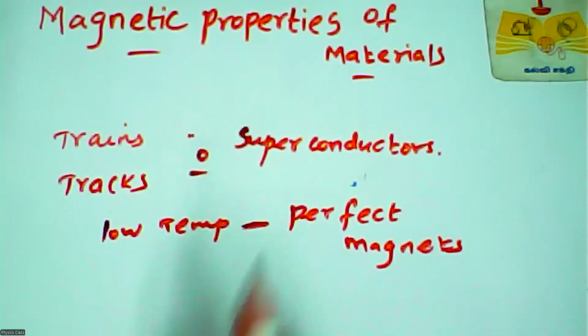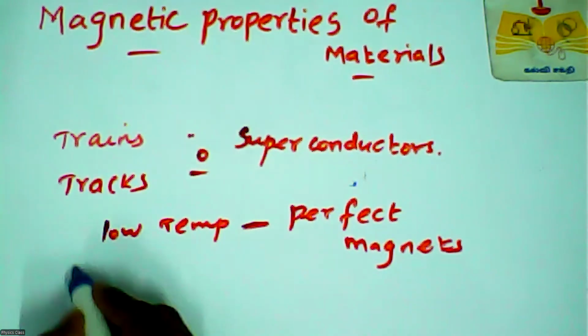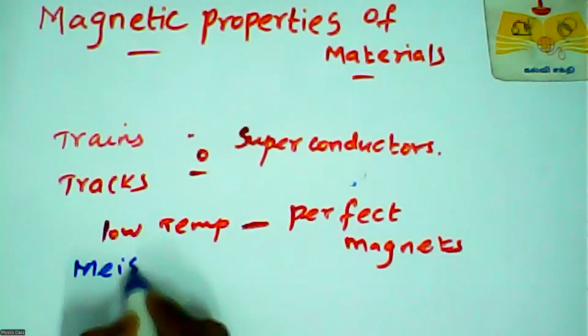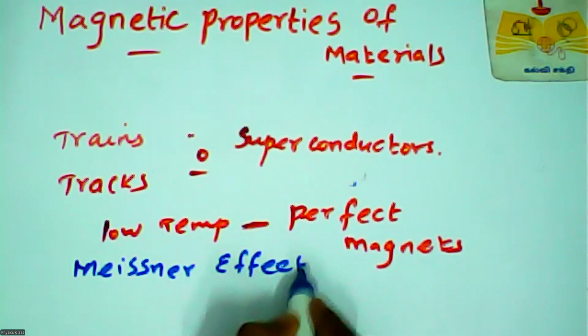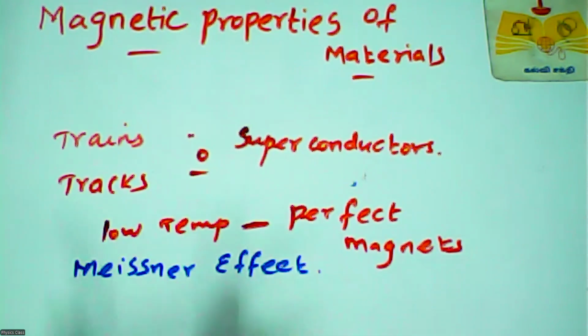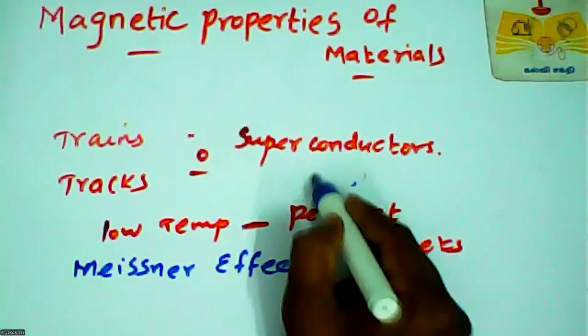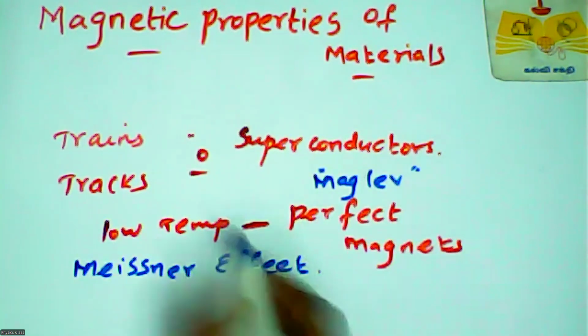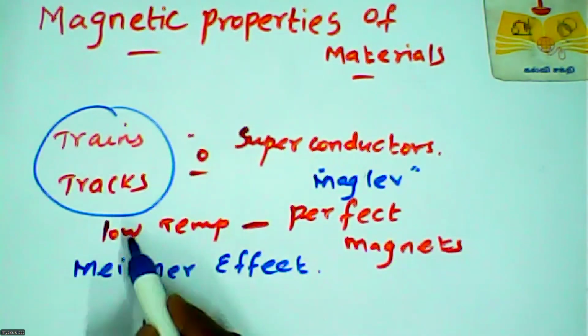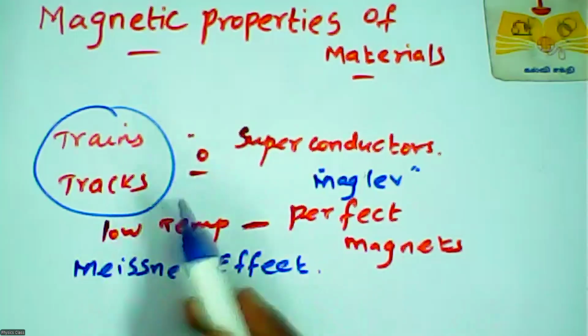This is a phenomenon called the Meissner effect. This perfect repulsion is what allows maglev trains, magnetic levitation trains, to levitate above the tracks.